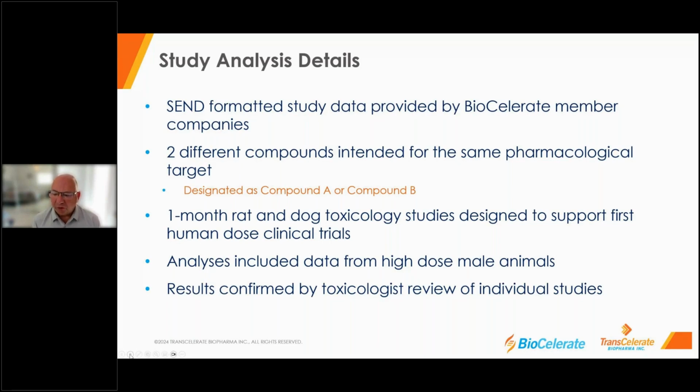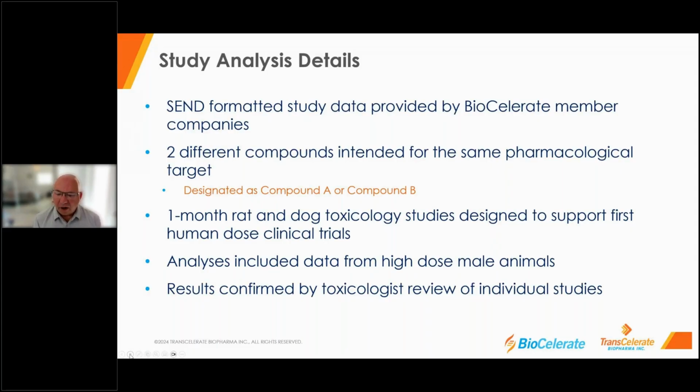What we did for this proof of concept analysis is that we looked at high dose male animals, but I'll show you as we work through this that the user has many options on how they may want to visualize the data.